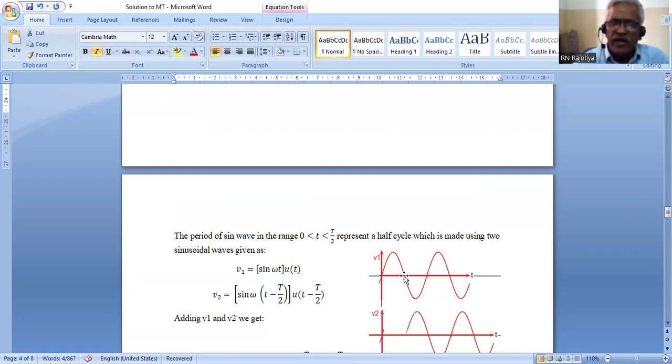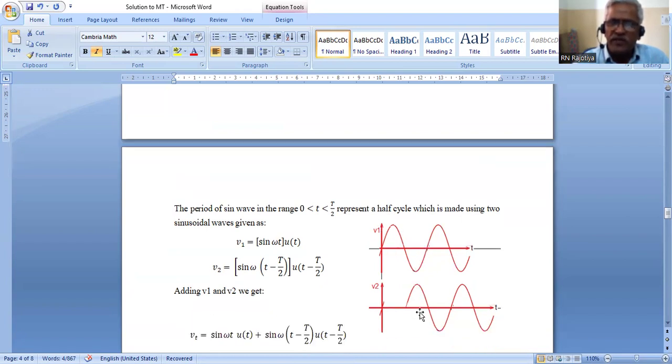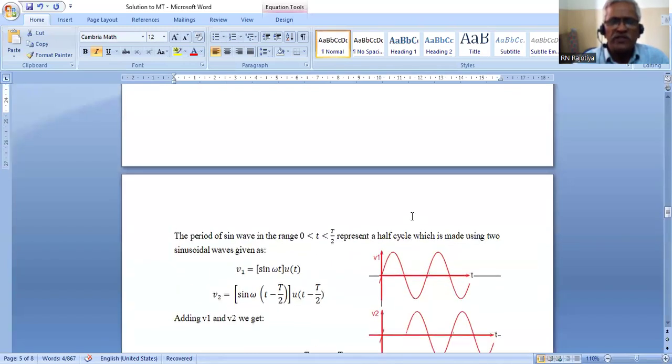So you need to add a reverse pulse to this one so that this effect is cancelled and you get only this wave. So to the pure sine omega t, if you add a shifted sine omega t by T by 2, then you get the pulse which is just only the pulse 0 to T by 2.